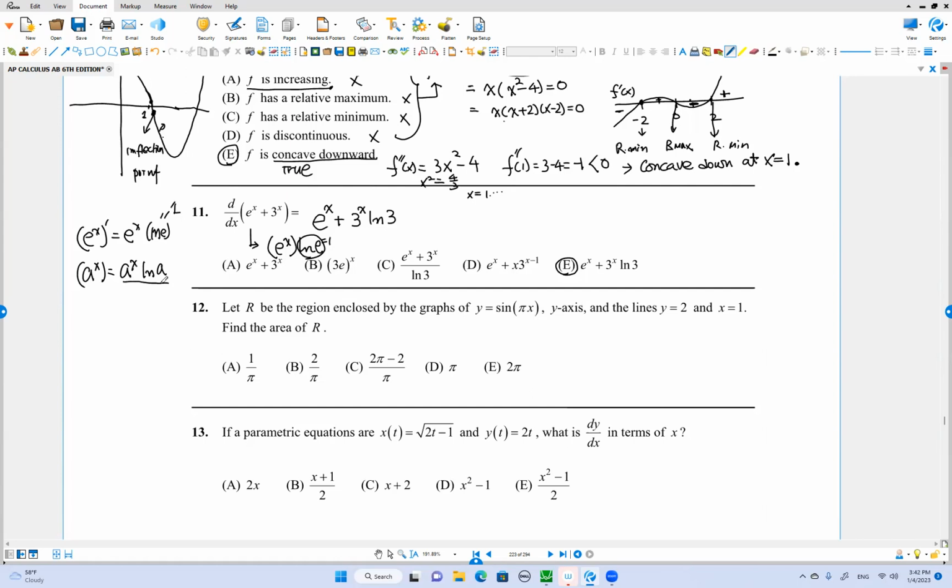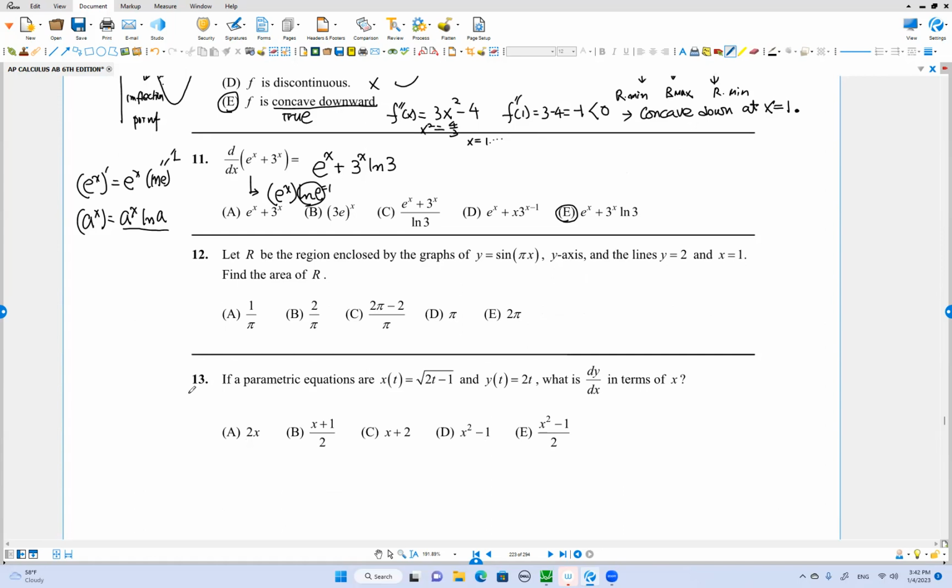All right, number 12, the region enclosed by the graph y equals sine pi x. We're going to find the area of said region. Sine pi x, can you make a graph of sine pi x? It starts at 0. We start from here, right?